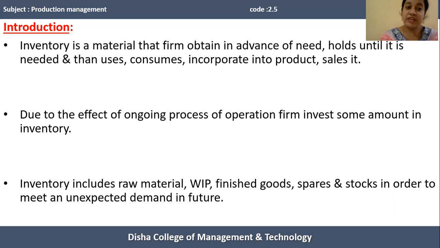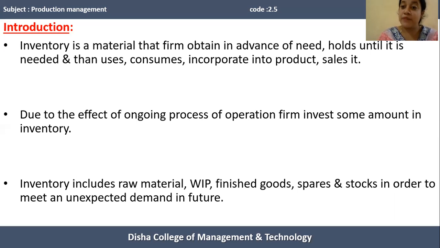In our third unit, we are going to discuss the total aspects of the manufacturing process. Means for manufacturing a particular product, raw material is necessary, but apart from raw material, there are certain items which are very much necessary for manufacturing a particular product. So the only difference between material and inventory is that material is a part of inventory and inventory is a broader aspect.